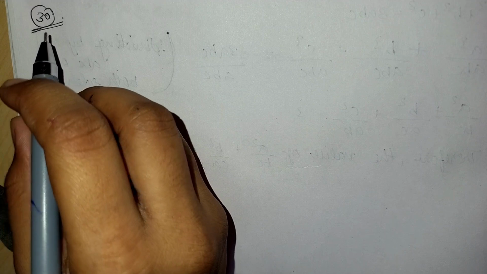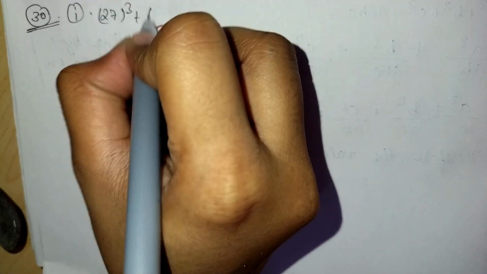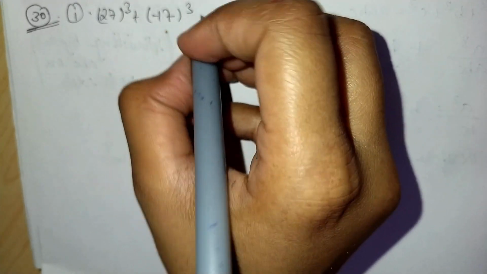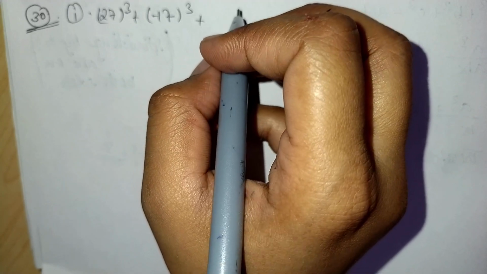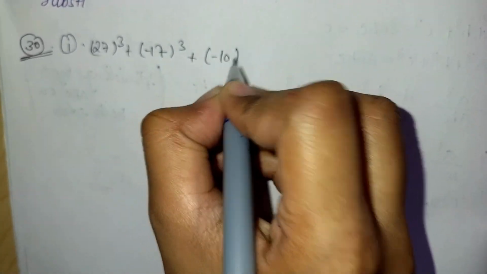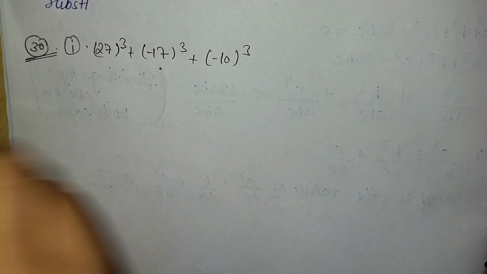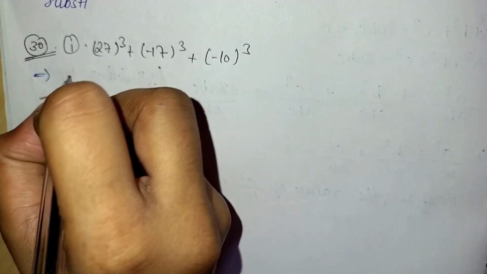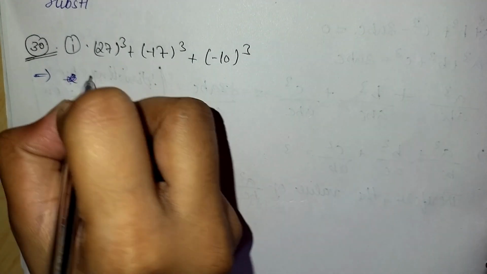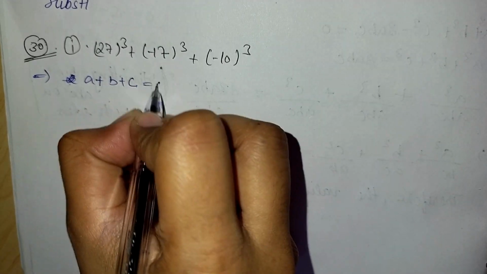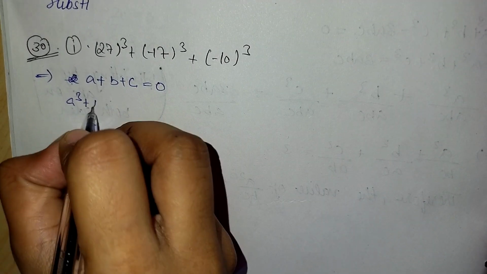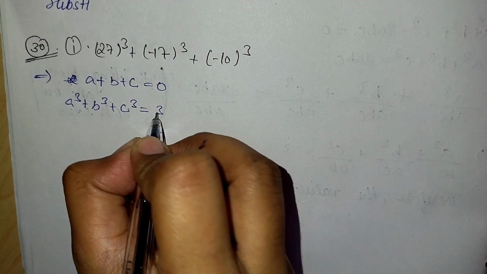Let us solve the 30th question, which says that without actually calculating the cubes, find the value of 27 cube plus minus 17 cube plus minus 10 cube. Here the first part is this only: 27 cube, minus 17 cube plus minus 10 cube. Let us add firstly a plus b plus c. If it is equal to 0, then a cube plus b cube plus c cube is equal to 3abc.